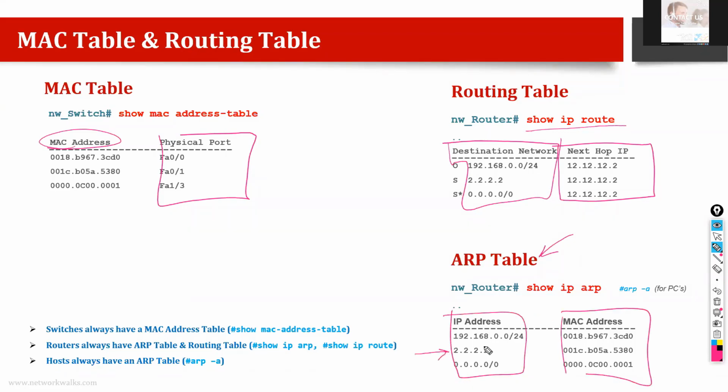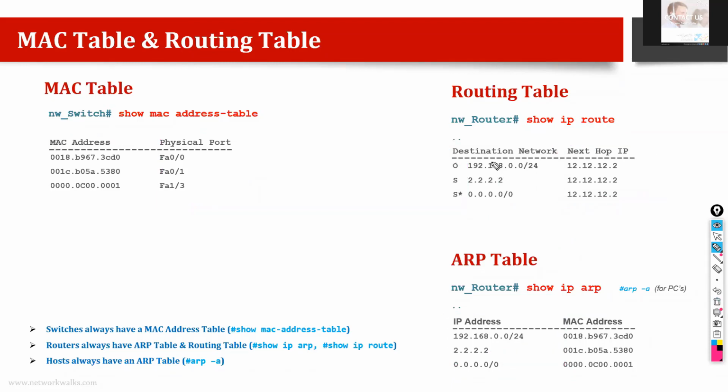If you know the IP and you don't know the MAC, you can go to this table and find the MAC address of this IP. If you know the destination but you don't know how to reach there, you can come to the routing table and find that if you want to reach 222, you have to follow this way. And if you know the MAC address and you want to know where it is connected, you can come to this table and find it. So three purposes, right?